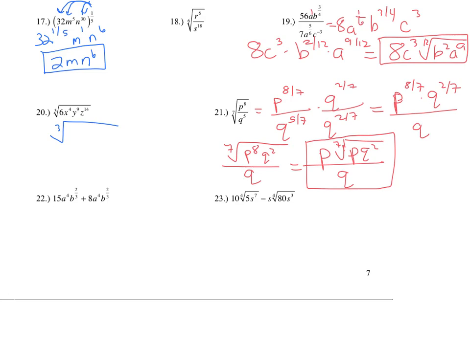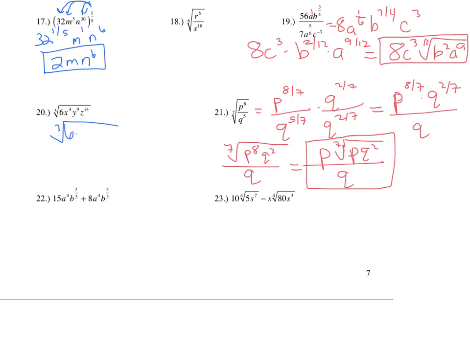So I can't break down the 6 at all, but I can break down x to the 4th, because 4 is bigger than 3, y to the 9th, 9 is bigger than 3, z to the 14th, because 14 is bigger than 3. So I'll leave my 6.